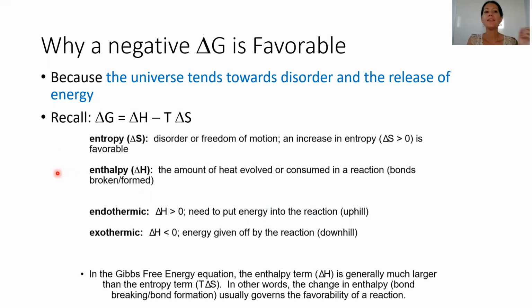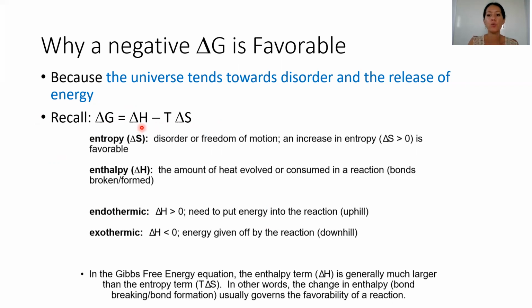So why is a negative delta G favorable? Have you ever thought about that? In short, it's because the universe tends towards disorder and tends towards the release of energy. So recall also that delta G equals delta H minus T delta S. Delta H is enthalpy.